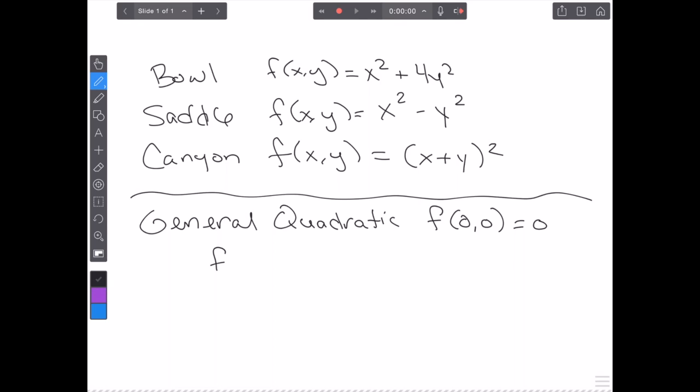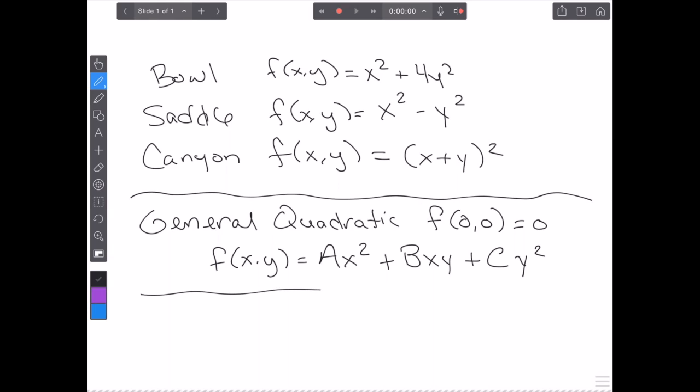But the ones we'll take a look at have the general form f of x,y is equal to some constant a times x squared plus some constant b times xy plus some constant c times y squared. And in fact, all of the functions for the bowl, the saddle, and the canyon have this form. Maybe in the canyon function you have to multiply things out, but all of them can be written as a general quadratic for some choice of a, b, and c.